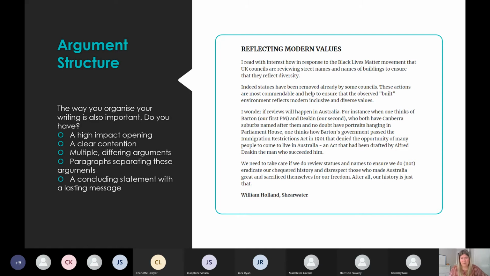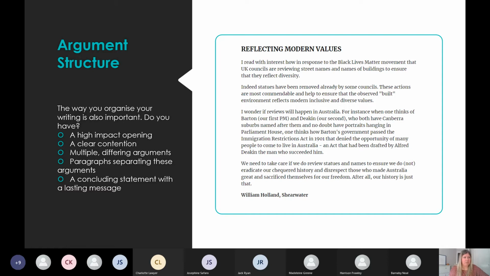Sometimes students just write a paragraph and then they write another paragraph kind of about the same thing, and another paragraph about that point. You need to have multiple different points. If you don't, then your whole speech just merges into one argument and you don't have that scope of structuring argument.